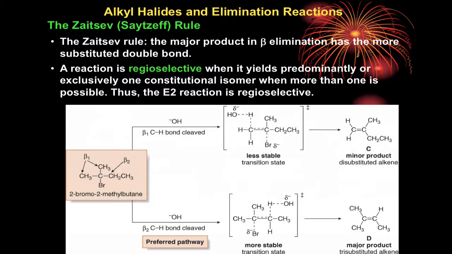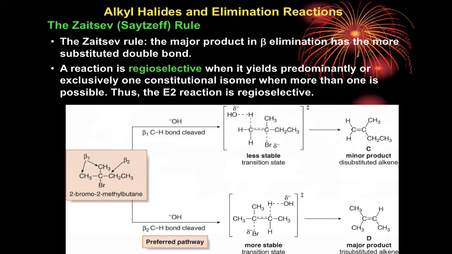So this reaction, where we abstract a hydrogen from beta 2, is actually faster than abstracting a hydrogen from beta 1. And that doesn't seem intuitive, because if you look at both beta 1s, that's 6 total hydrogens that the base has chances of running into and deprotonating.